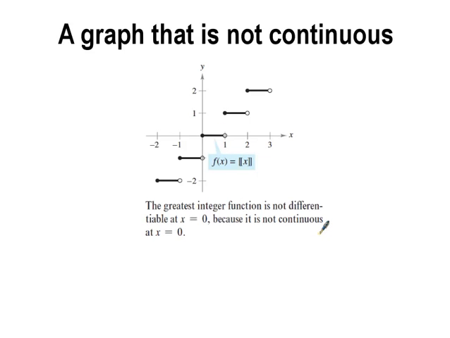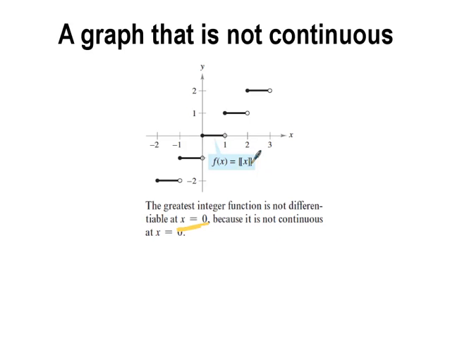Now, real quick here, if I were you, I would not necessarily write down the graph. I would just put a graph that is not continuous. And we'll talk about what these three things are, because you've got three things. The greatest integer function is not differentiable at x equals 0 because it is not continuous.